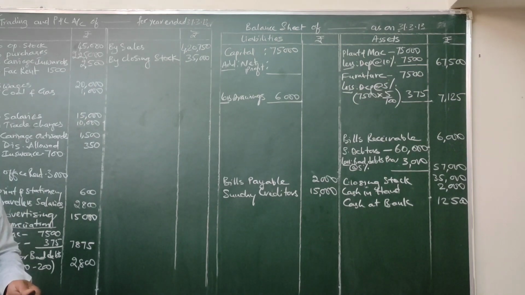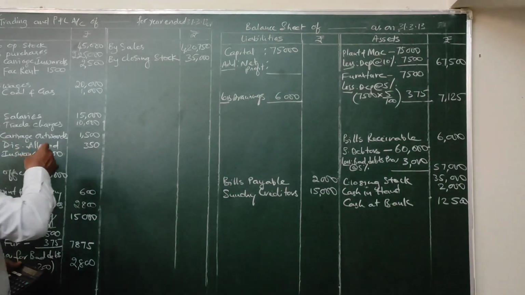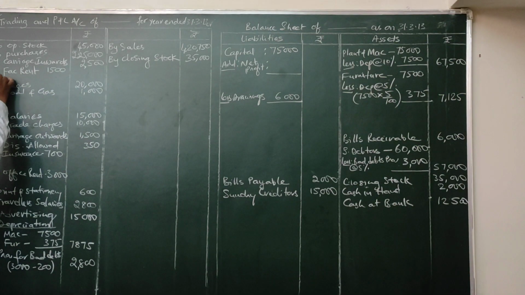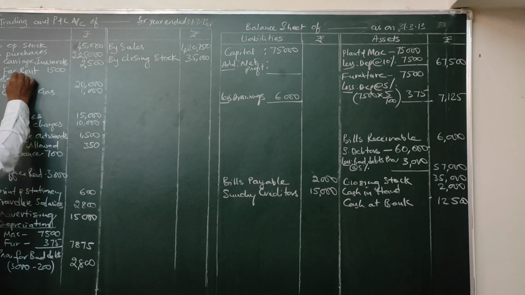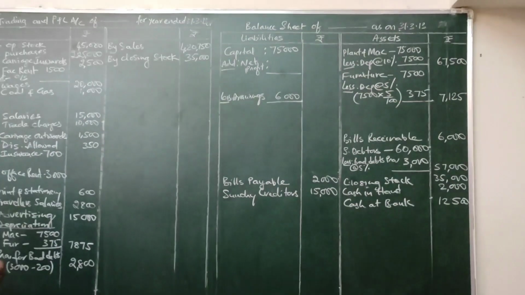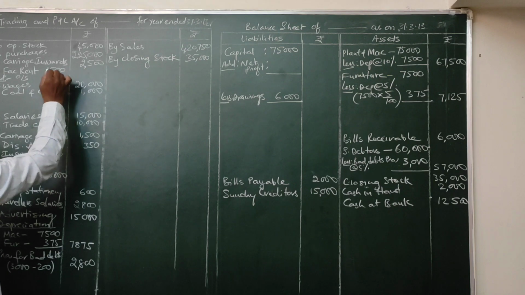Now the next item you see. Outstanding factory rent is 300, he said. So factory rent outstanding is an outstanding expense. What we should do? Add to the concerned expense account. So we should add to factory rent. 300 he said, so add this 300 to this.